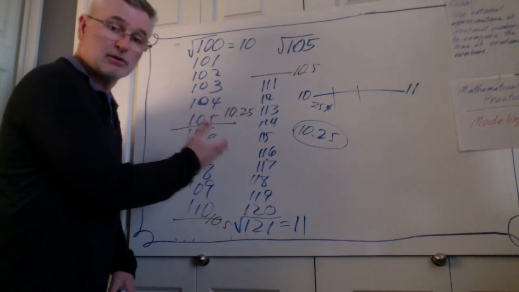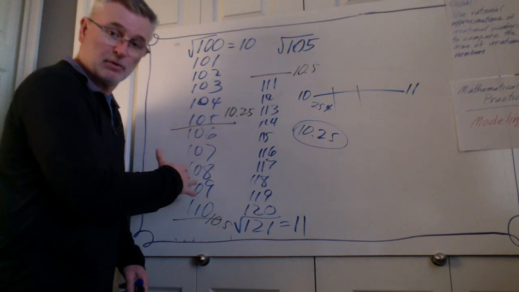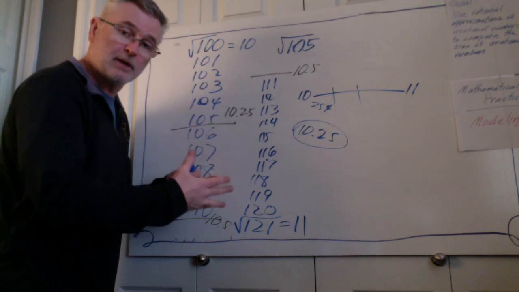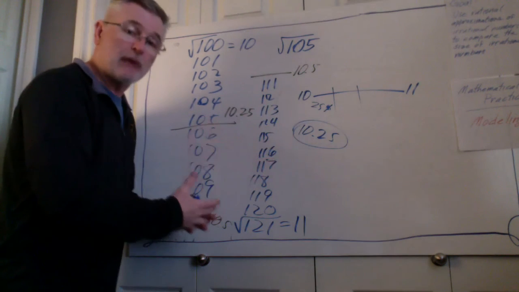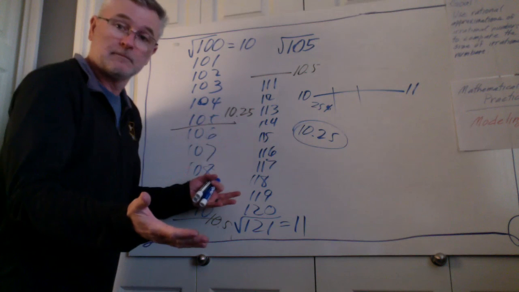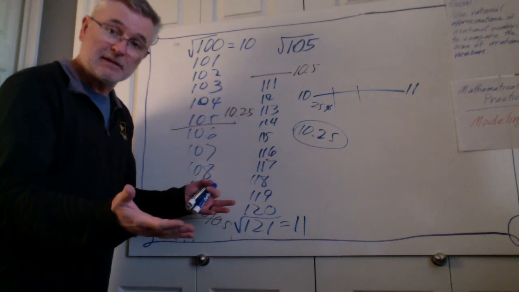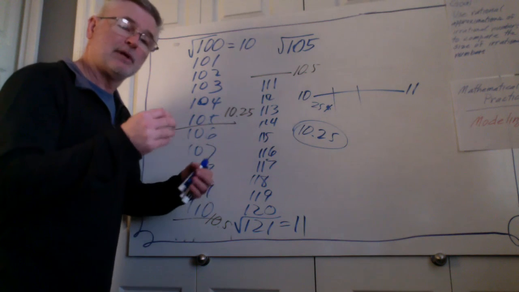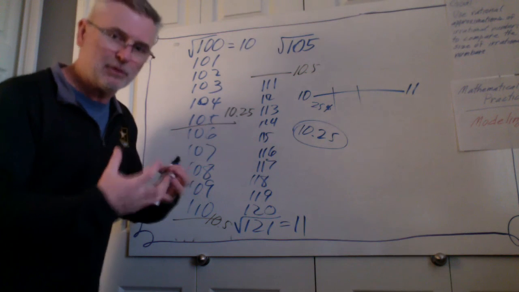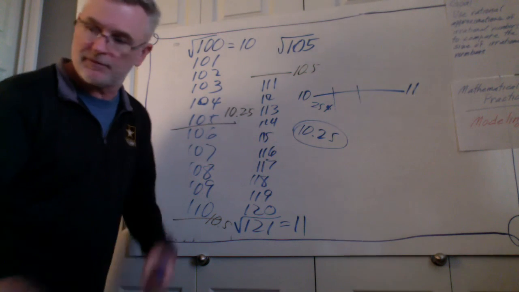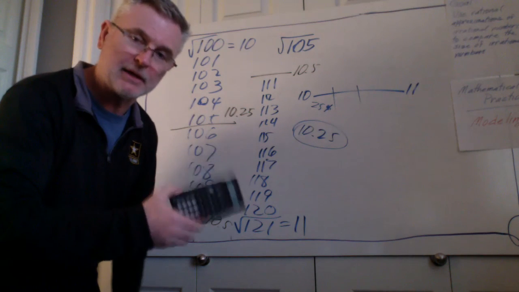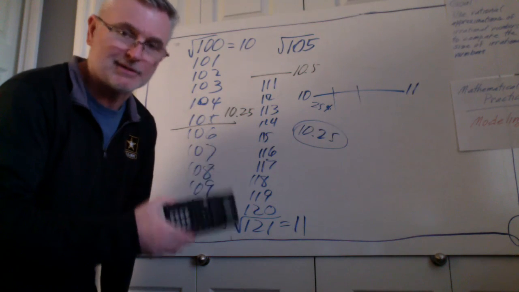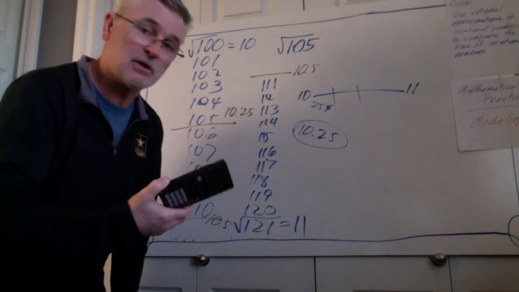So if you get close enough with this, and you're comparing or ordering numbers, and you need a rational approximation of an irrational number, there it is. It's a guess. If you get wound up around, oh no, I don't know if my guess is good enough, grab your calculator and do it that way until you get comfortable with it. It's not cheating, okay? It's just a different method.